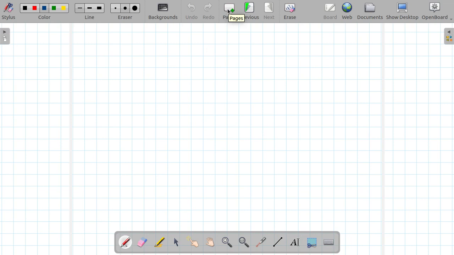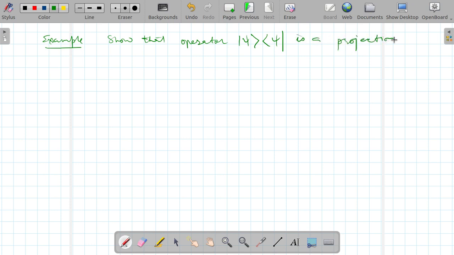Now let us do one example. Here we have to show that the operator ket psi bra psi, their product, is a projection operator only when psi is normalized.